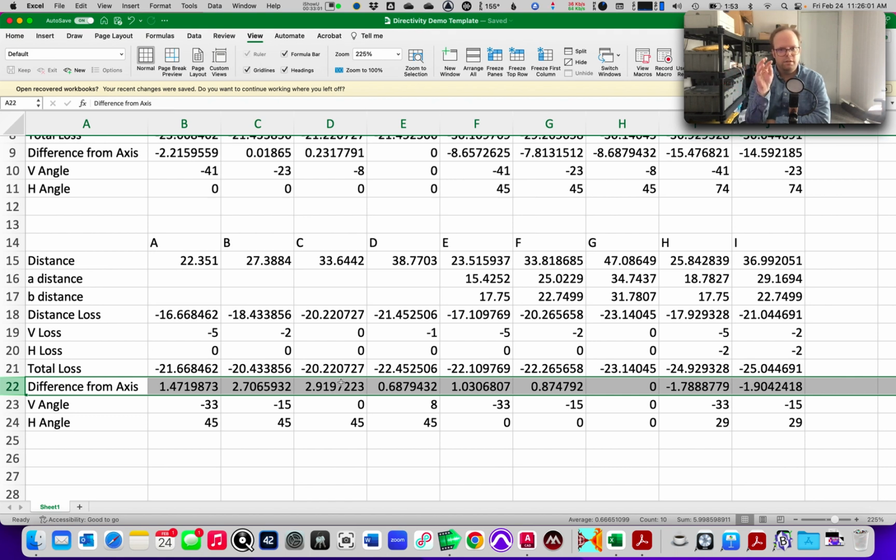This is more or less what those programs are doing when they give you all those beautiful pictures that have colors corresponding to loudness. They're doing this kind of calculation. The difference is they have much more data to work with about the directivity of the loudspeaker. They've got multiple axes that it can consider, and we only have horizontal and vertical, so there's some limitations when you do it manually like this. But this is how they do it.